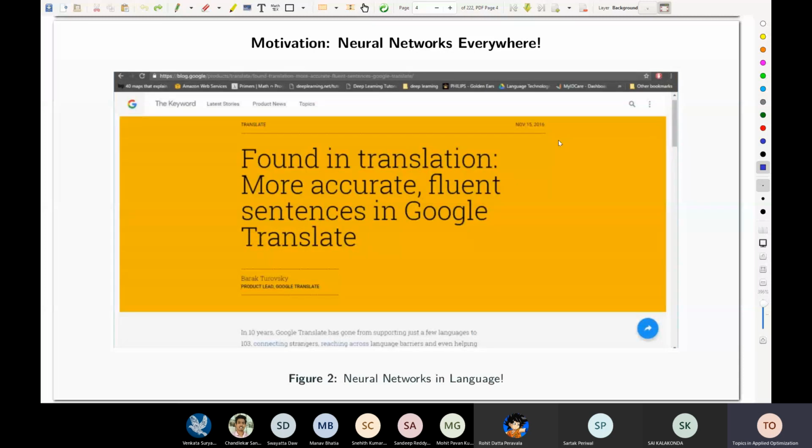It's also used these days in translation, so language to language translation. Okay, so German to English or Hindi to Telugu and so on. So it can be used for translation tasks.